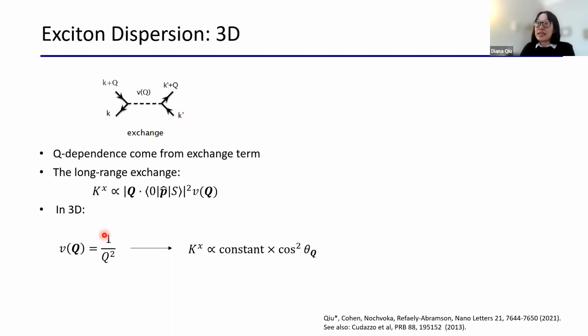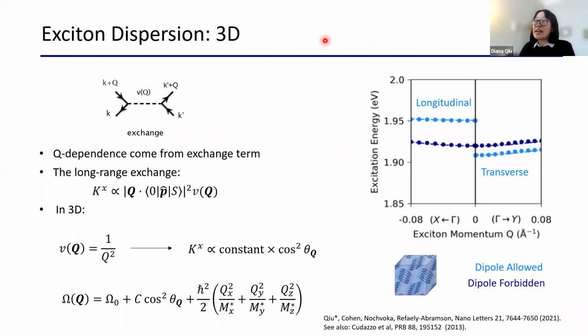So in 3 dimensions, the Coulomb interaction goes as 1 over q squared, which means that the long-range limit of the exchange goes as a constant times cosine squared theta, where this angle theta is the angle between the exciton's momentum and the dipole. So from this, we can really understand the band structure that we see in pentacene. For a dipole forbidden state, this exchange interaction is 0. So the band is parabolic and continuous, reflecting the parabolic underlying electron and hole band structure.